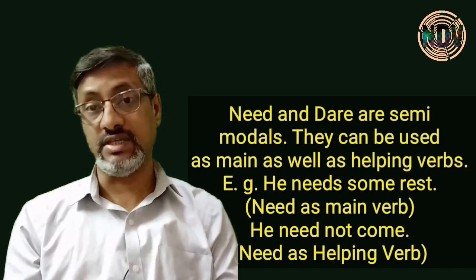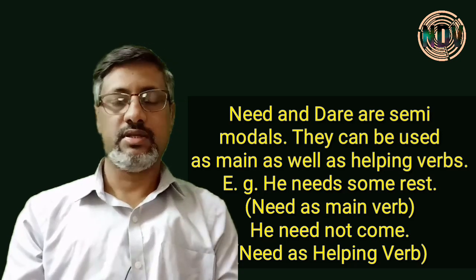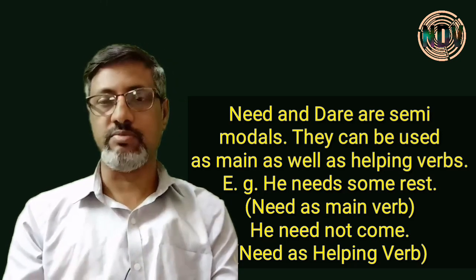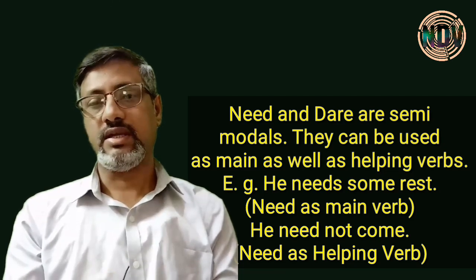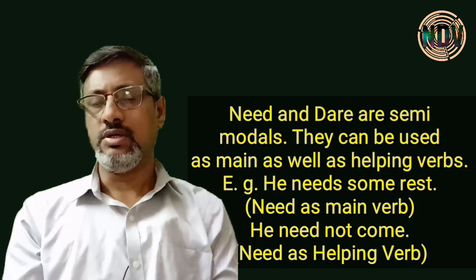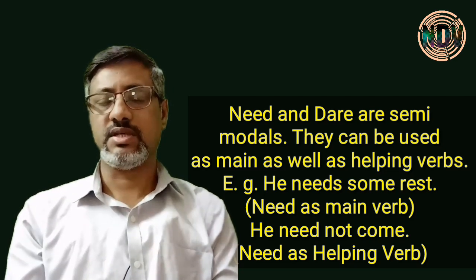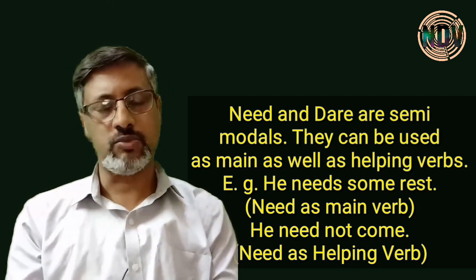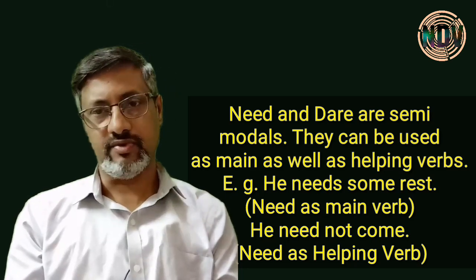We have to say don't need. So when we say don't need, then need will be the main verb and don't will be the helping verb. But when you say need not, then definitely need is the modal. So need is known as a semi-modal. Semi means half, so it is half a modal, and it also can be used as a main verb.